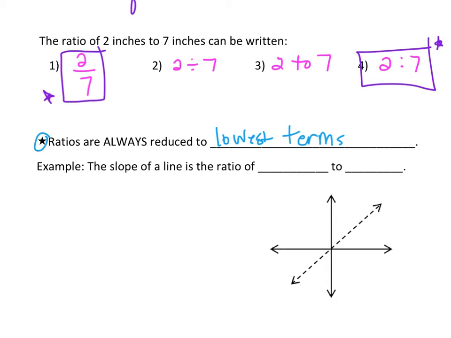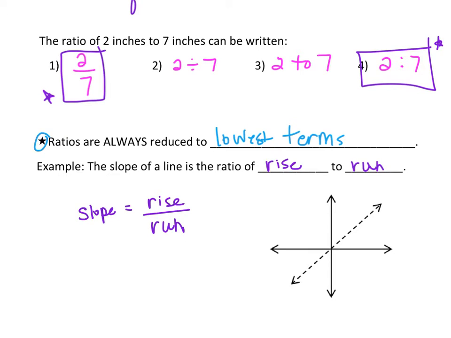All right, and then just a quick example. The slope of a line, you guys know about slopes of a line, is the ratio of rise to run. So it's comparing the rise to the run, and you guys have done a lot of that in algebra. So we would say that slope is equal to rise over run.